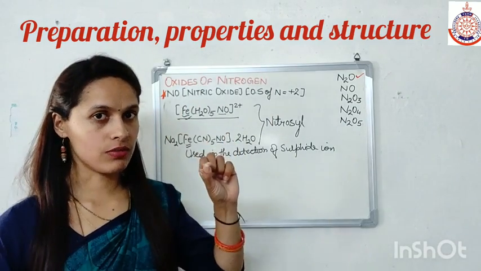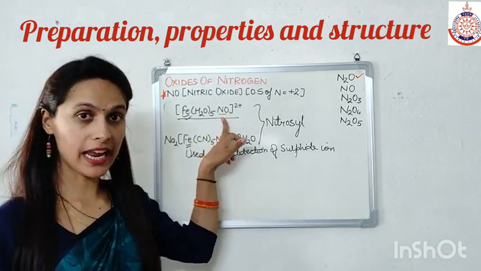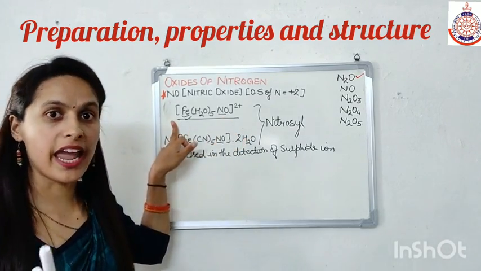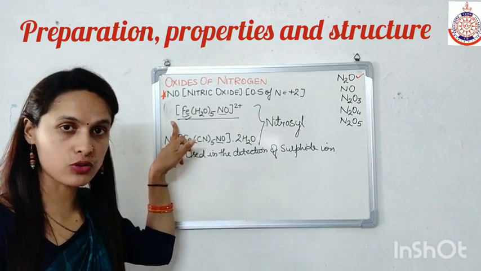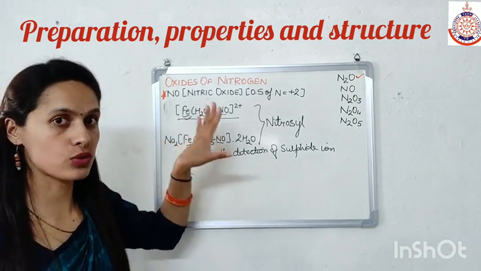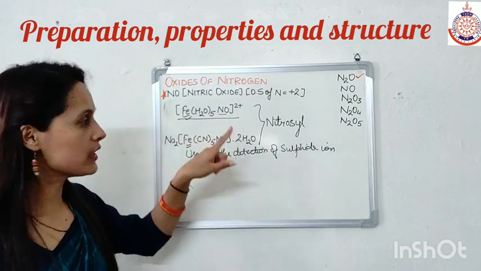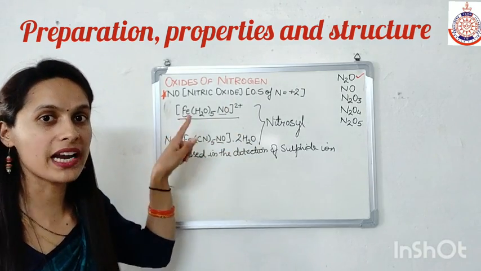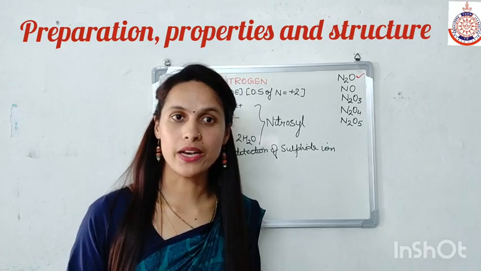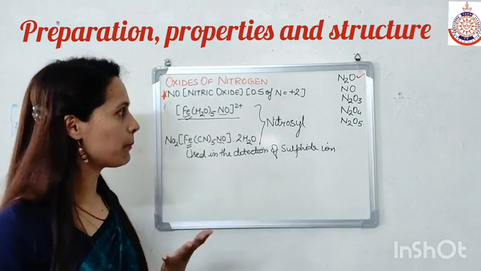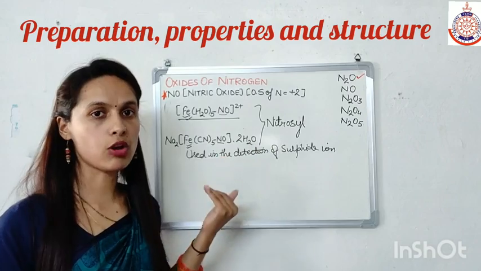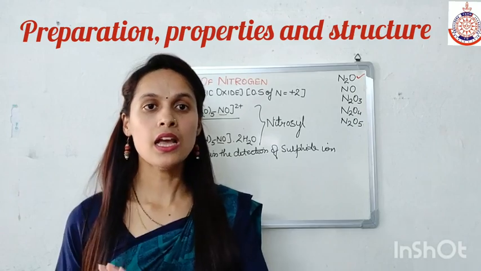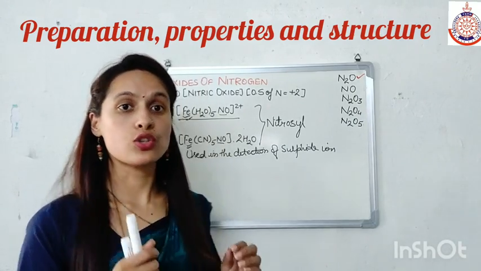Because the unpaired electron present in NO is transferred to iron. So initially it is +2, but due to the transfer of an electron from NO to iron, it becomes +1.